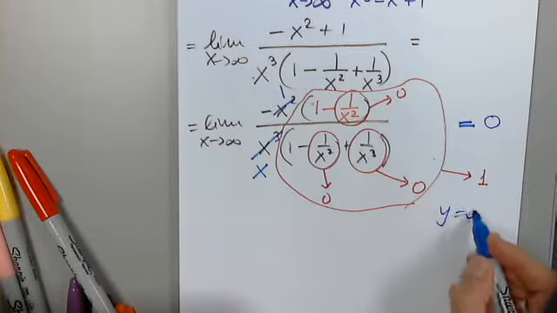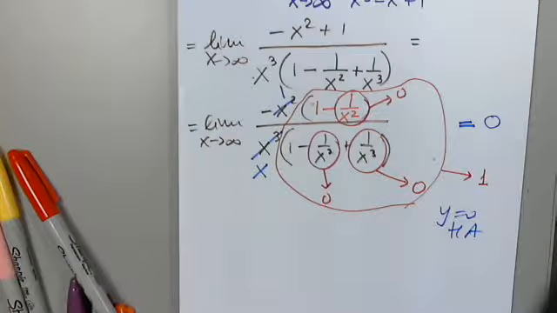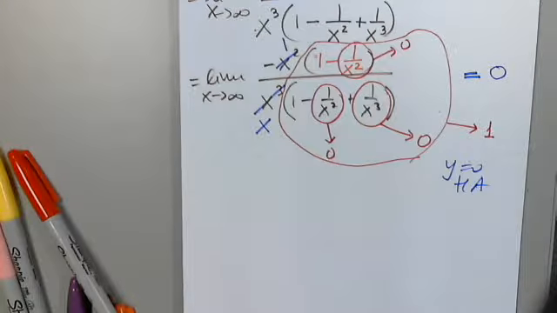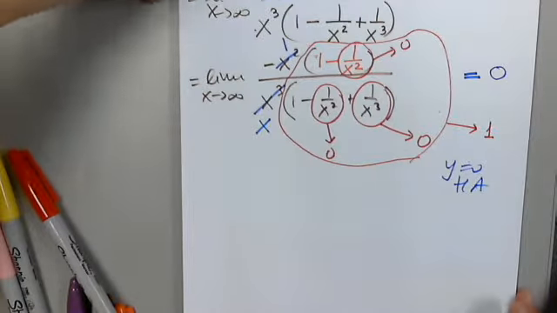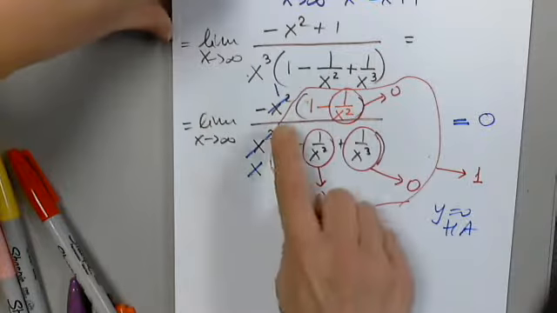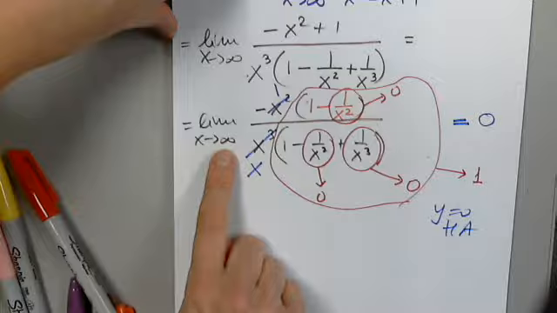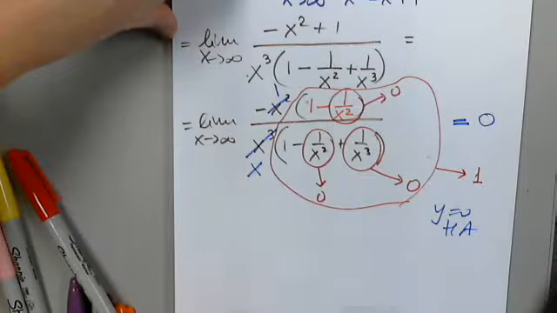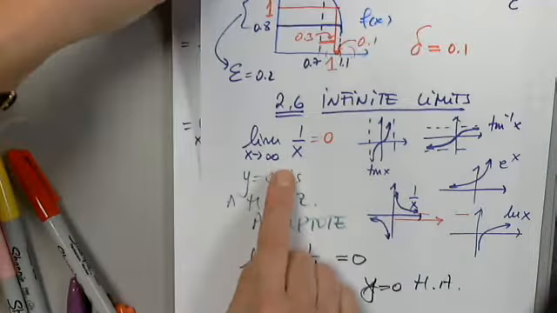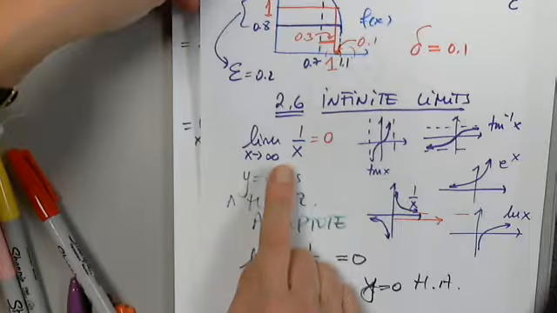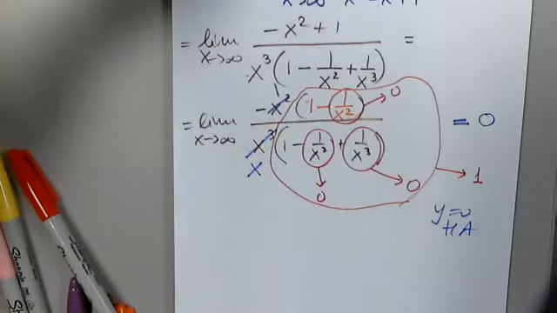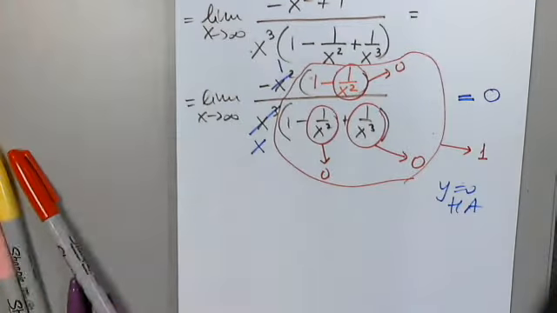Which means y equals 0 is a horizontal asymptote. From here. That's why I did this first. Okay. Very good. Next problem.